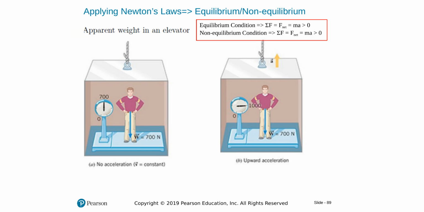So there is what we call apparent weight in an elevator, which is always the normal force. The weight we feel, the force we feel, is the normal force, and that's our apparent weight. So we always have our weight down, which is equal to mg. In this picture here, it's given as 700 newtons, so let's just put it here.